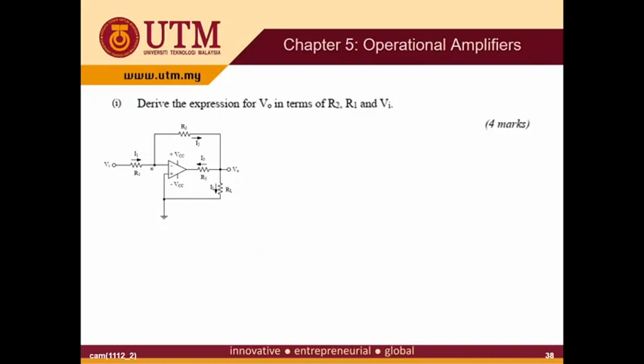To derive the expression, you need to do the KCL. The current levels are already given. So you do the KCL here: I1 is entering, I2 is exiting. So I1 minus I2 equals 0.